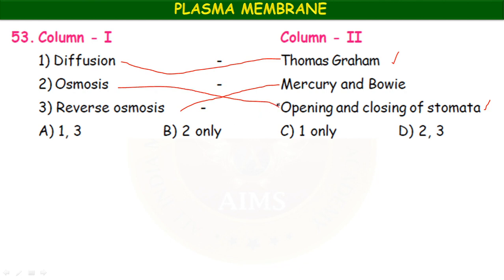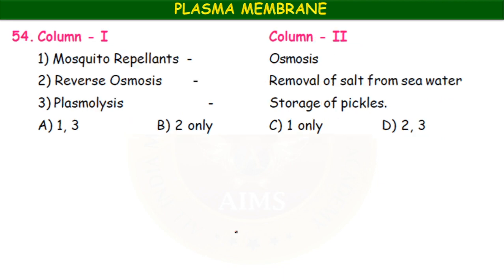So here this is the correct matching. Diffusion, Thomas Graham. Osmosis, opening and closing of stomata takes place by osmosis. Reverse osmosis was introduced by Freddie Mercury and Bowie. Next, here also the options are wrongly mentioned.